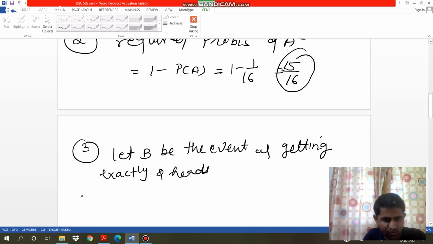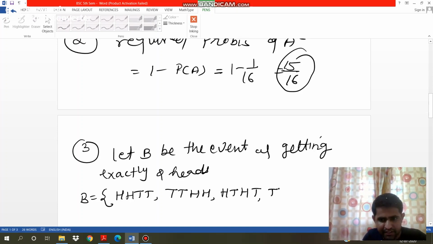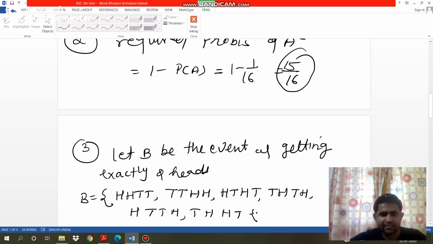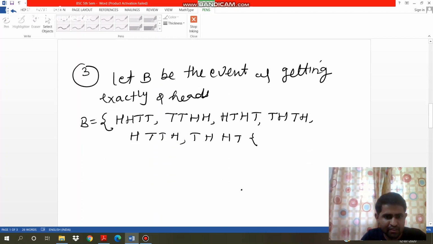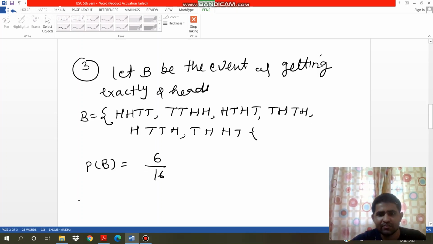Okay guys, now first write the sample space: HHTT, TTHH, HTHT, THTH, HTTH, and THHT. This is the sample space actually. Now write the probability of B. Probability of B is equal to 6 upon 16. This is the third one.